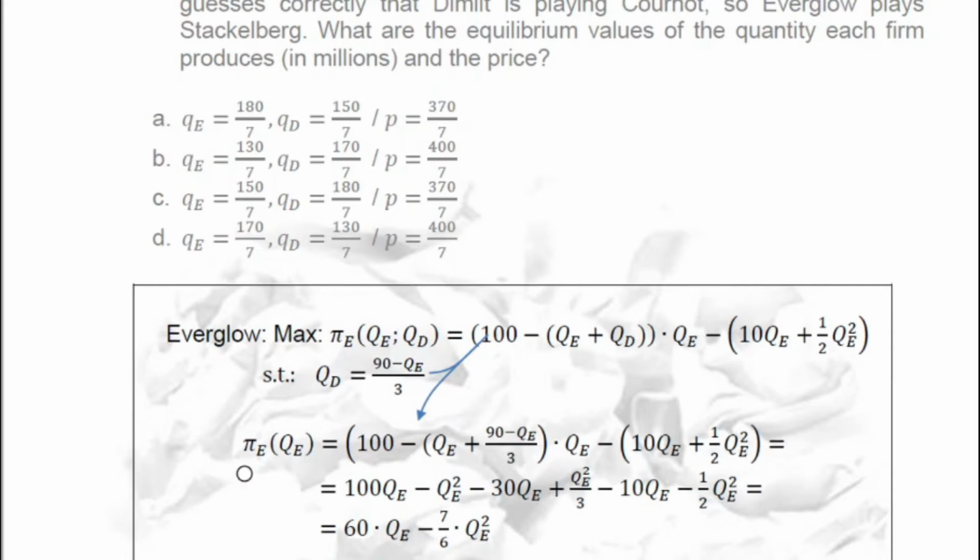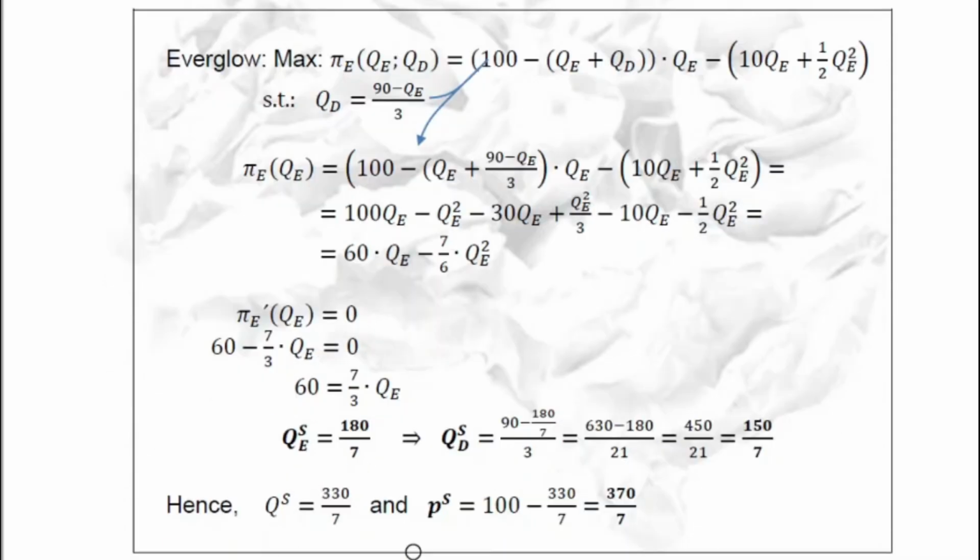And now we substitute here, and we have 100 minus QE plus this, plus QD times QE, minus its cost. We operate correctly, and if we differentiate with respect to QE, we have 60 minus 7/3 QE equal to 0.